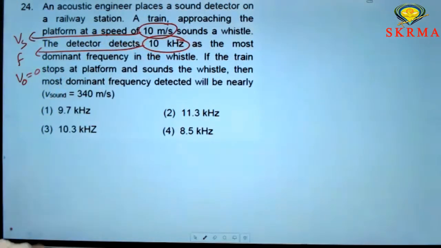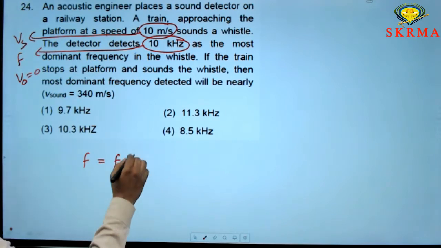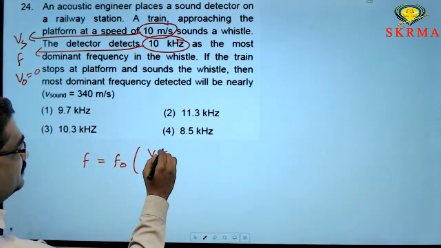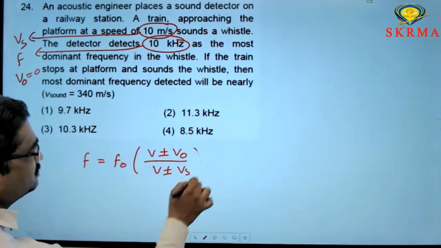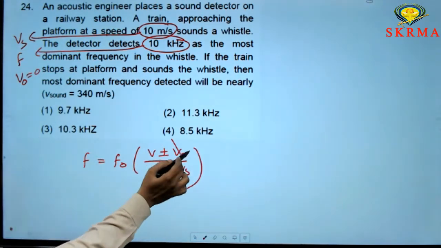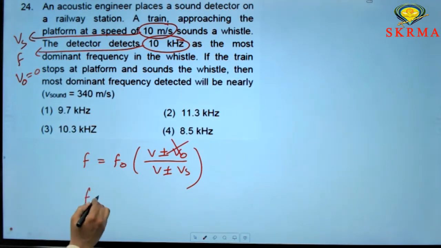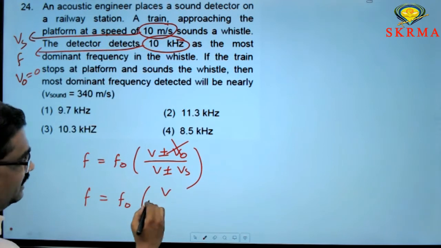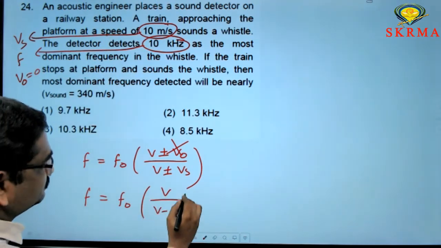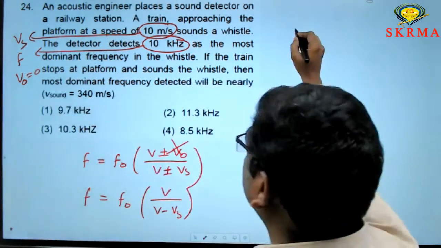Now, he is asking about the original frequency. So, what is the formula for that? f equal to f naught into v plus or minus v naught by v plus or minus vs. So, the observer is at rest, remove this term. This is moving towards, so v by v minus vs. Now, substitute the values.